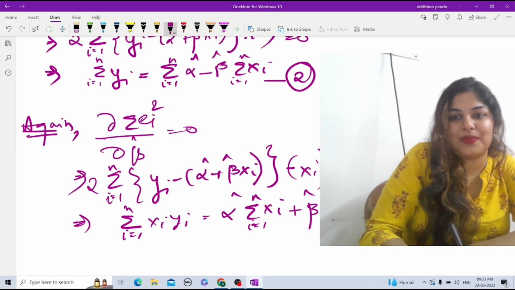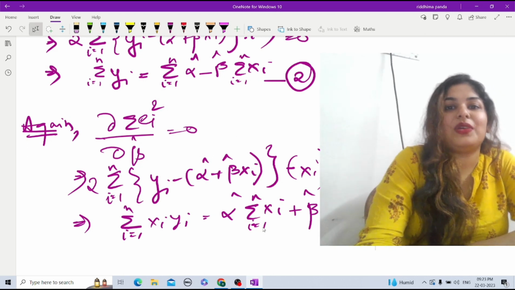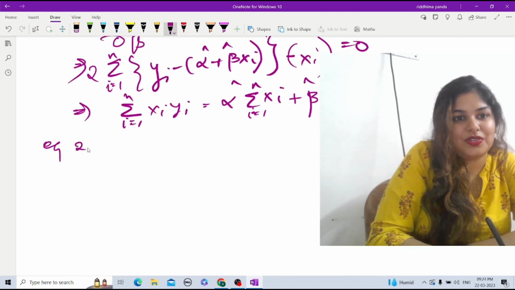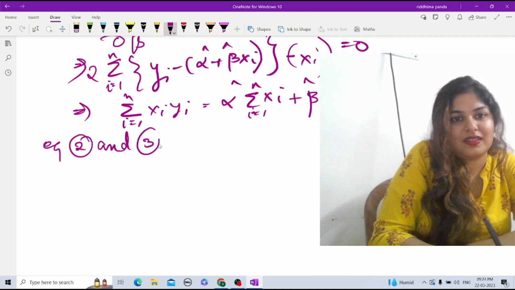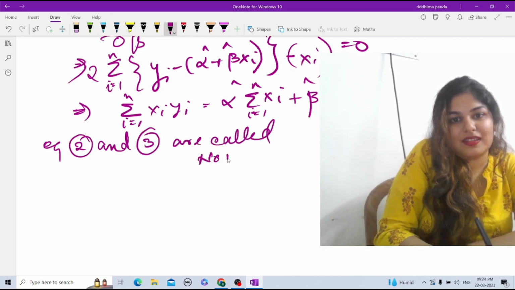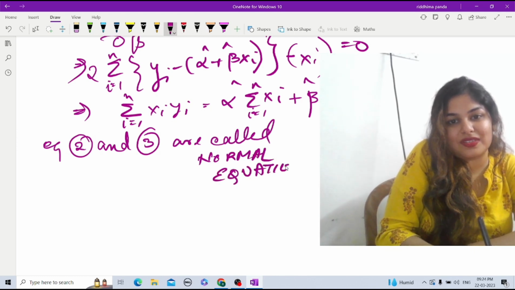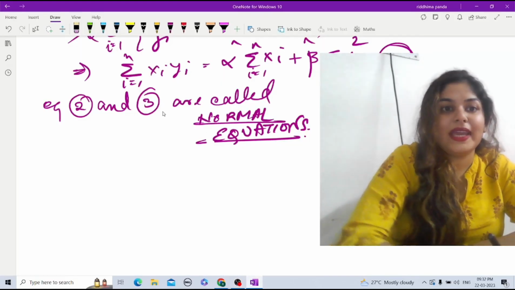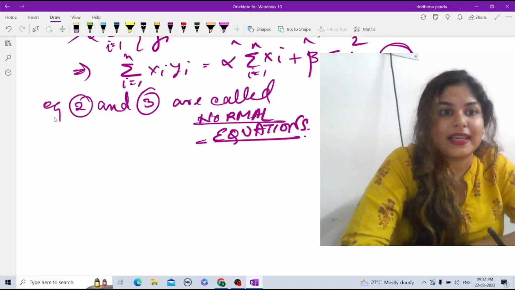So this is equation number 3. Now equations 2 and 3 are also called normal equations, okay? Equations 2 and 3 are called normal equations. Now again from the second equation, let's scroll up.